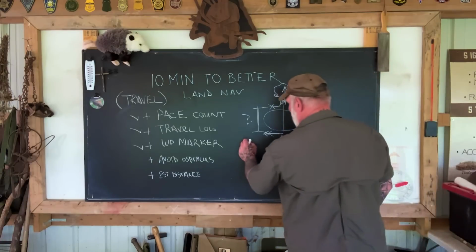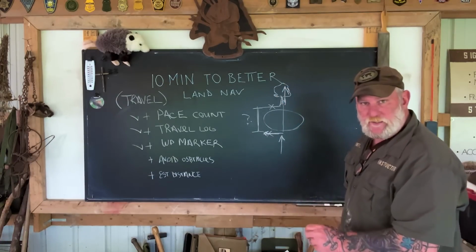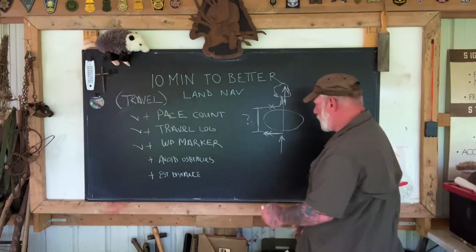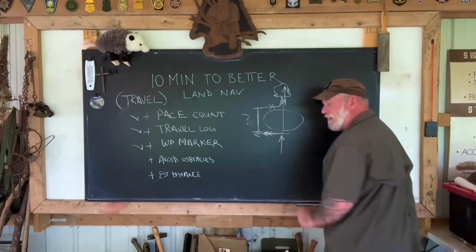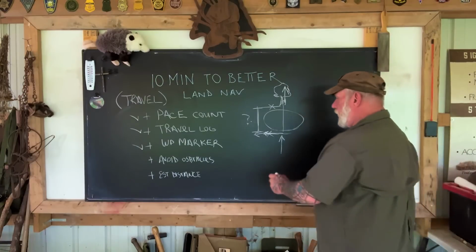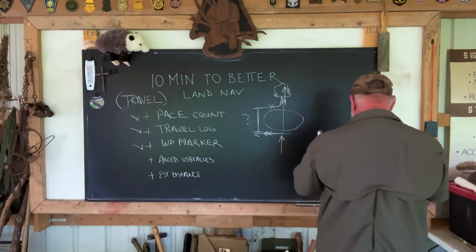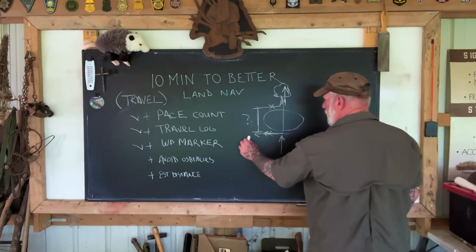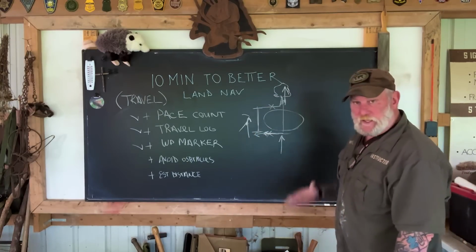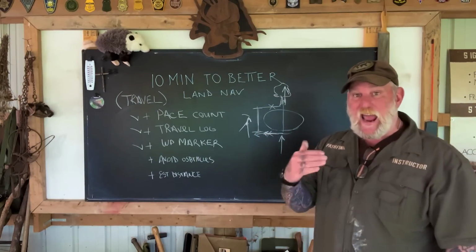This is called 90-90-90 in some cases, or boxing an object. So we turn 90 degrees and we walk until we get past the object. The paces don't matter. Then we turn back exactly 90 degrees this direction and we start pacing till we get past the obstacle. Those paces have to be tracked.